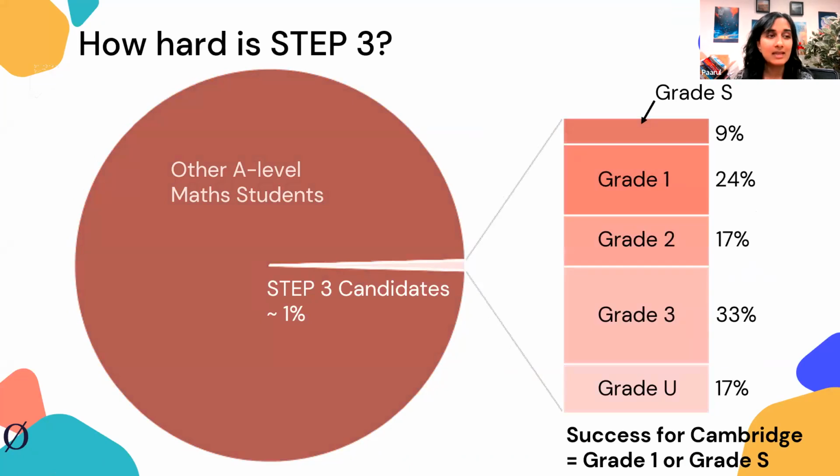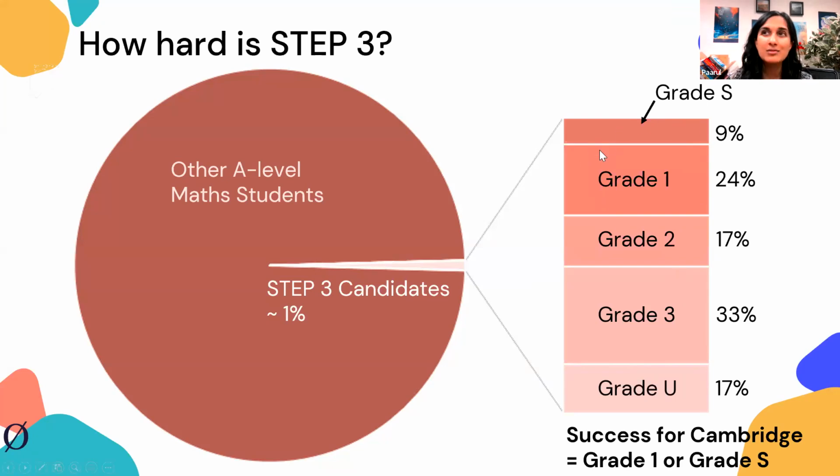Looking then at step 3, by the way, Chris, feel free to butt in if I'm missing anything. Now we're probably looking at close to 1% of A-level candidates ever sitting step 3. It's a little bit more generous because the majority of people sitting step 3 will be Cambridge, and remember, Cambridge want to get 50% of their people in. But there will be other people doing step 3 as well.